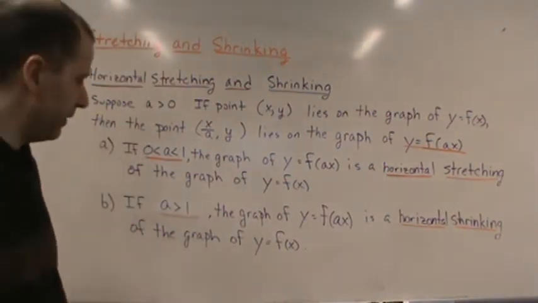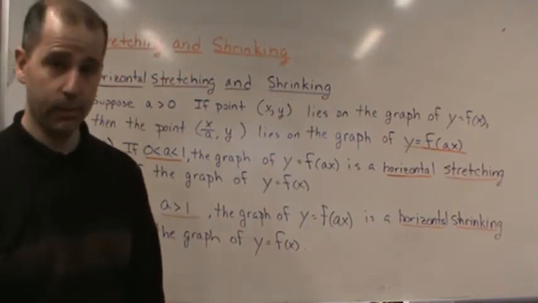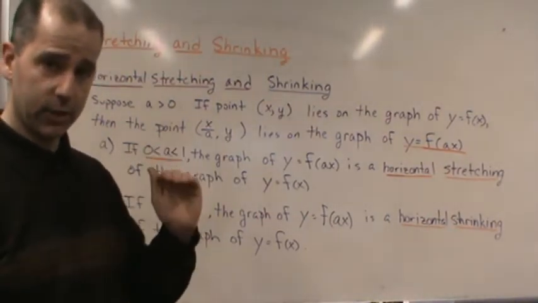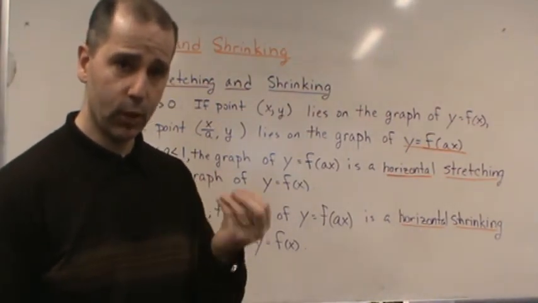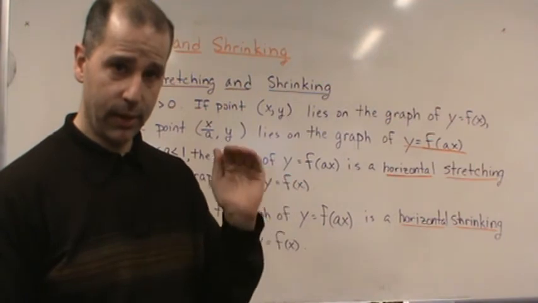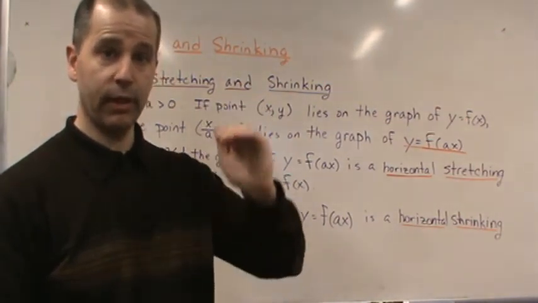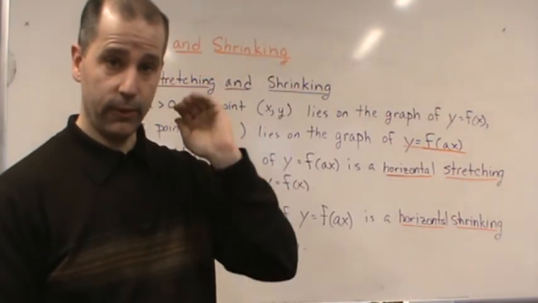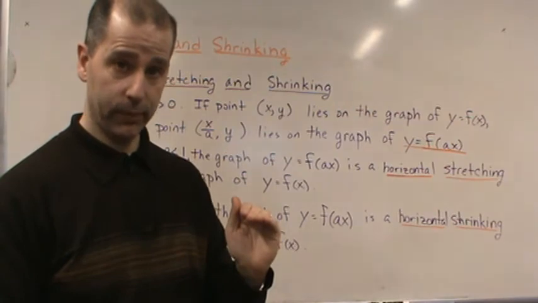Make sure you know the difference. It's easy to get these mixed up. If you're multiplying outside the function by some real number, if a is bigger than 1, it's a vertical stretch, and if a is between 0 and 1, it's a vertical shrinking.